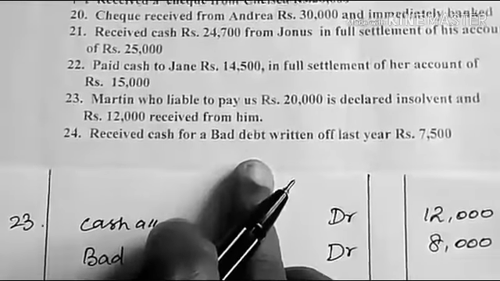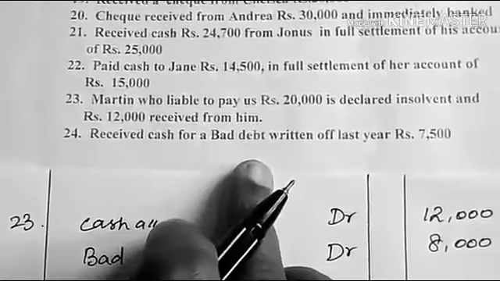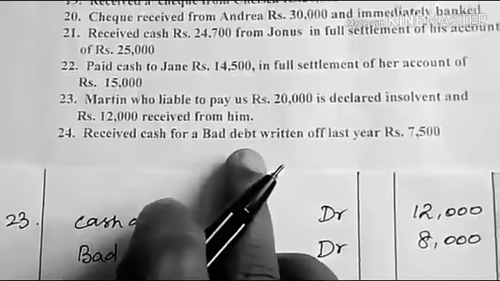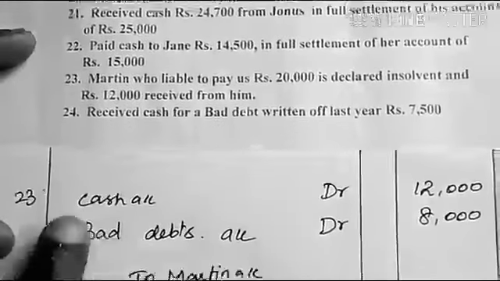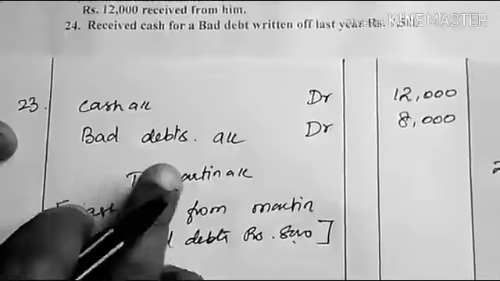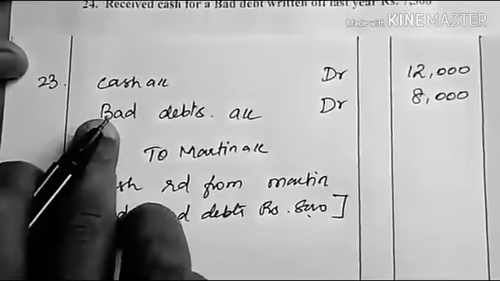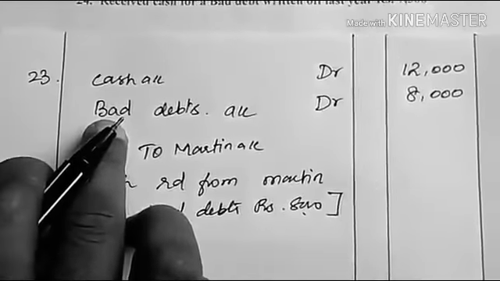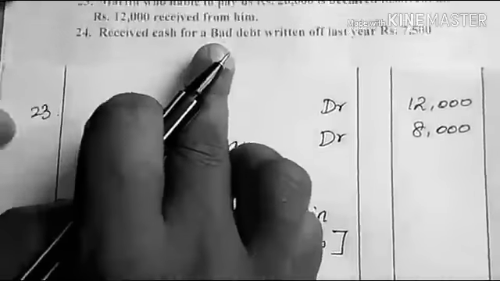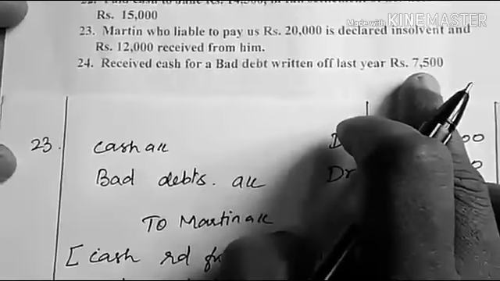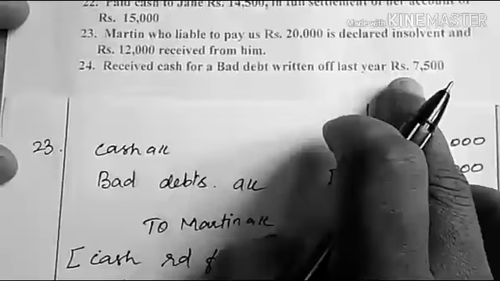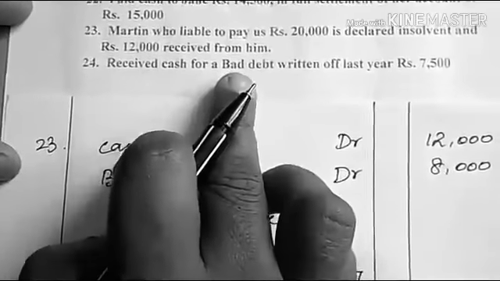You may receive some amount which is already written off as bad debts. So in the previous year you made the entry, cash account debit, bad debts account debit to somebody else, the customer name. You have written off bad debts in the last year, but this year you have received an amount of rupees 7,500.